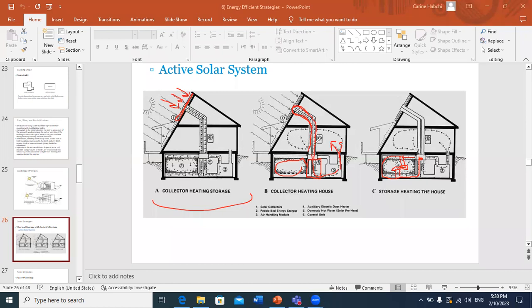This can be ensured by the distribution system that can give a part to the reservoir, and will circulate another part around the bed in order to store this energy. And then whenever we need it, let's say during night time, we can again circulate water towards the thermal storage place to take heat from it, and then we can give it back to the inner space.